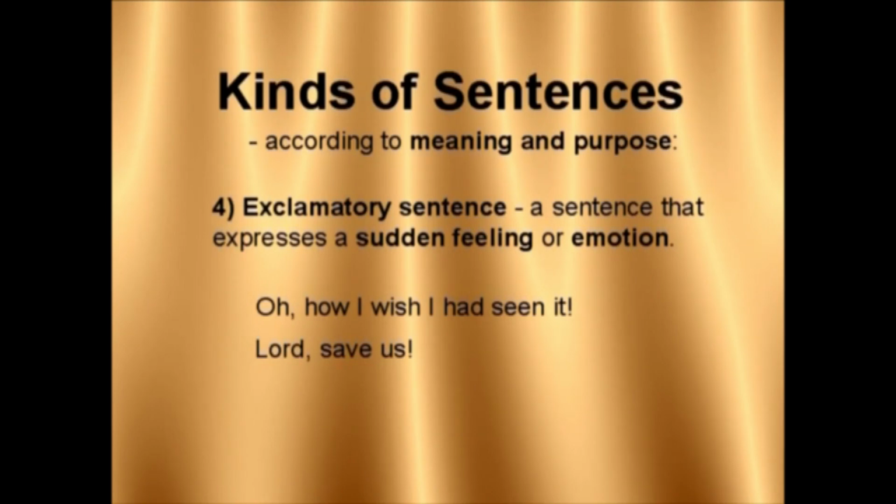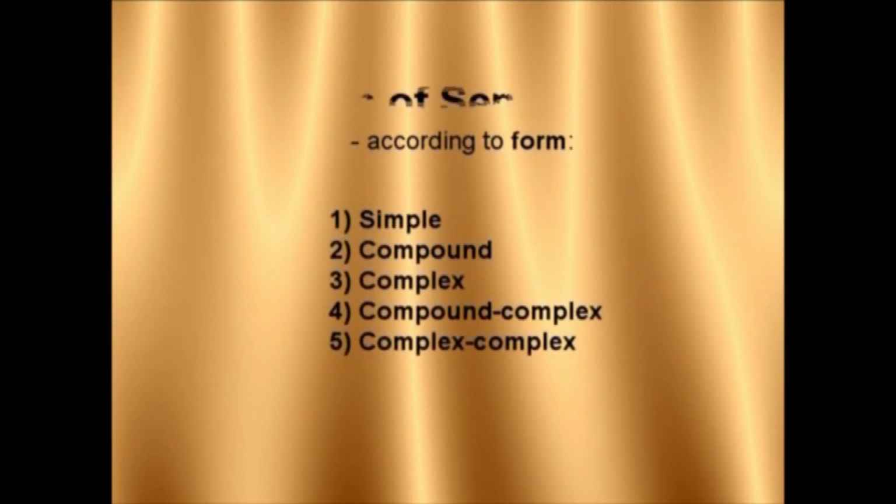All the sentences we have taken so far are simple sentences. Sentences may also be classified into 5 kinds according to form or structure. 1. Simple sentence. 2. Compound sentence. 3. Complex sentence. 4. Compound-complex sentence. And 5.